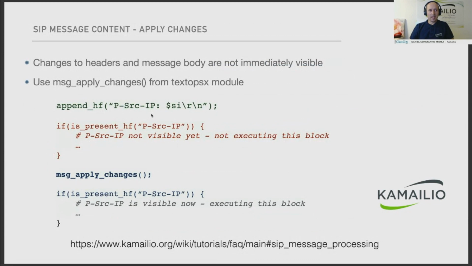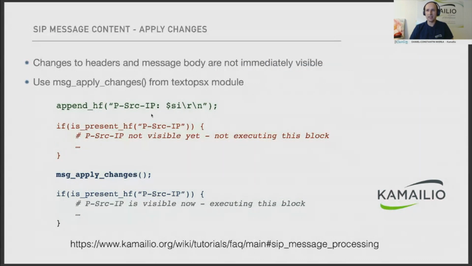You have to be aware, and this is also very important, when we do operations over the header part and body part, the changes are not visible immediately. They are done by Kamailio before sending to the network, but if you want to see these changes in the message immediately, you have to use msg_apply_changes from the textops_x module. Otherwise, you may be tricked into, oh, what happens? I don't see any error.